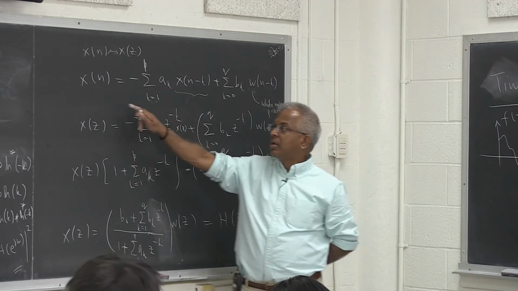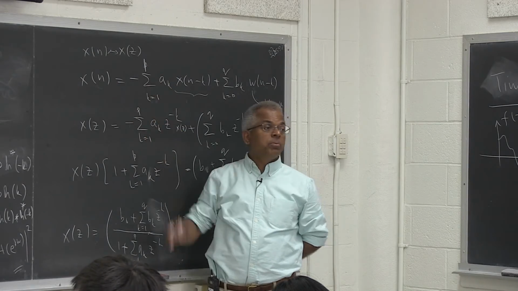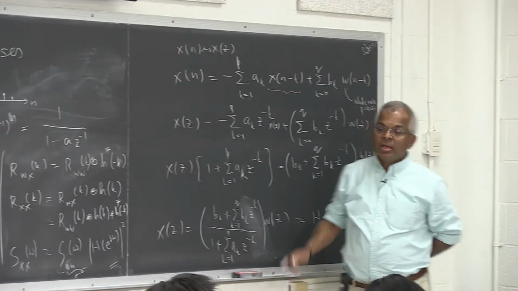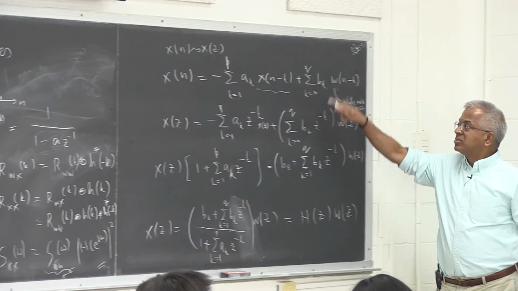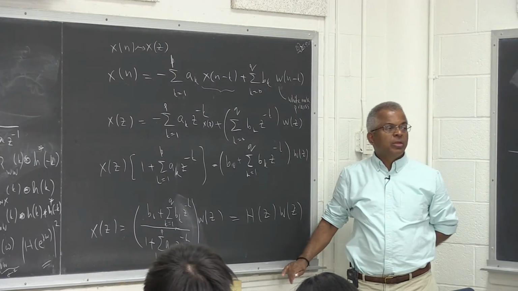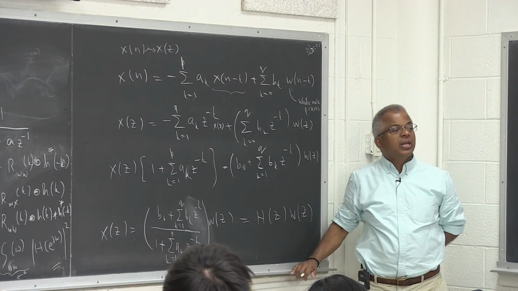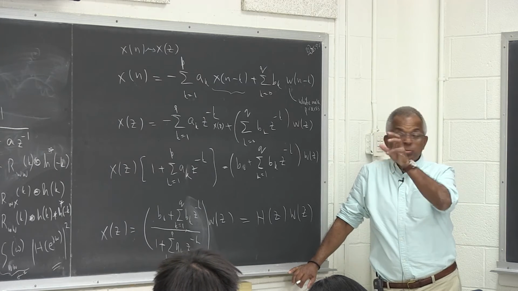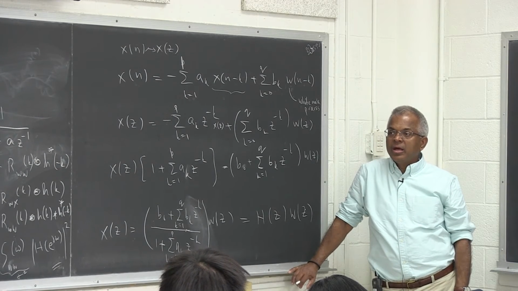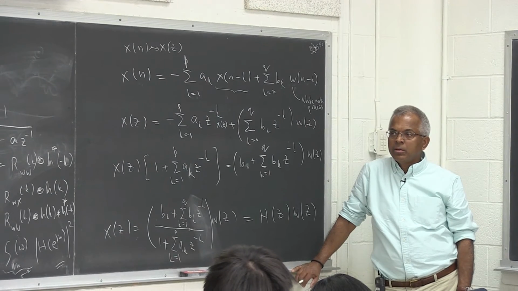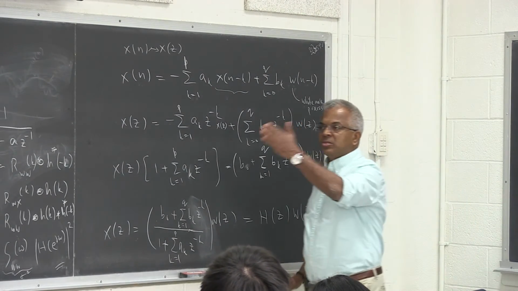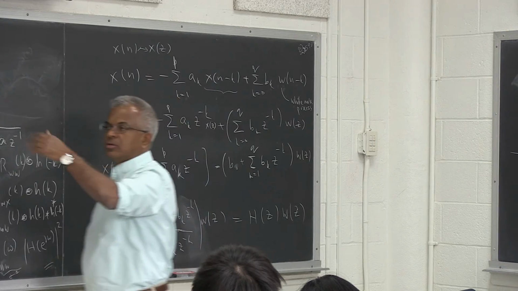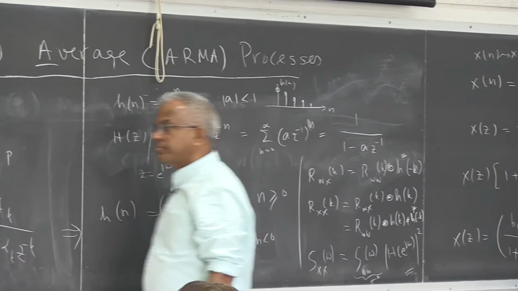The current value depends on p previous values, and also on a certain amount of previous values from the driving noise. If you take special cases, you get AR and MA. The assumption is W_n is white noise; look at the top line here.